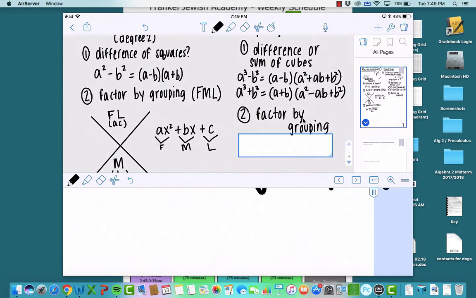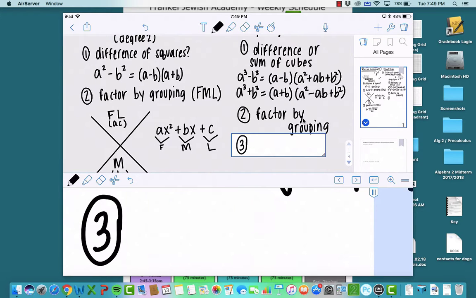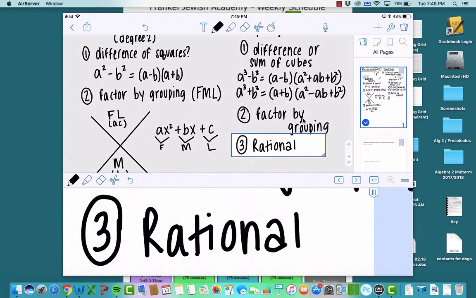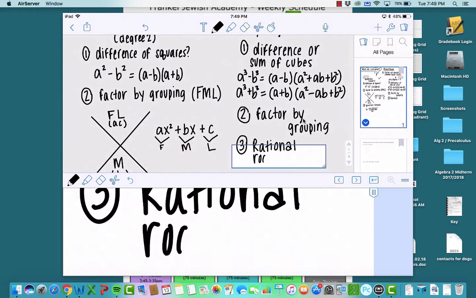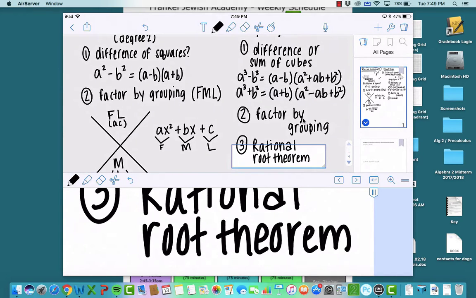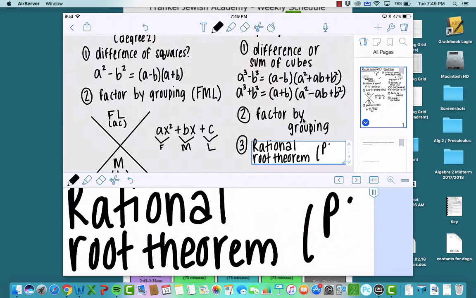You can also do the FML way if you watch the factoring video from Unit 6. So if difference or sum of cubes doesn't work and factoring by grouping doesn't work, your last resort is going to be the rational root theorem, otherwise known as P over Q.